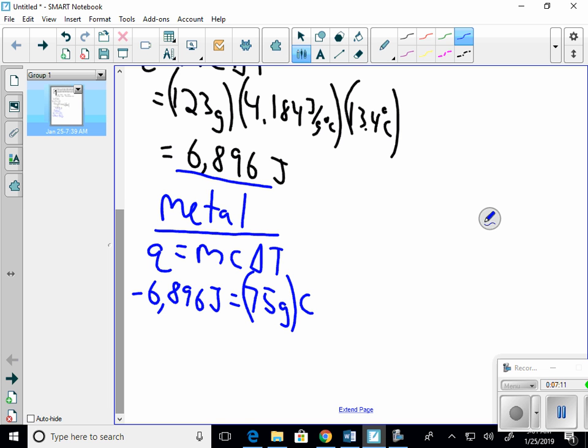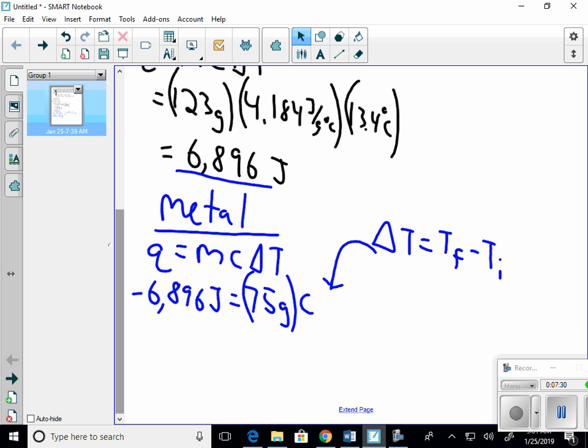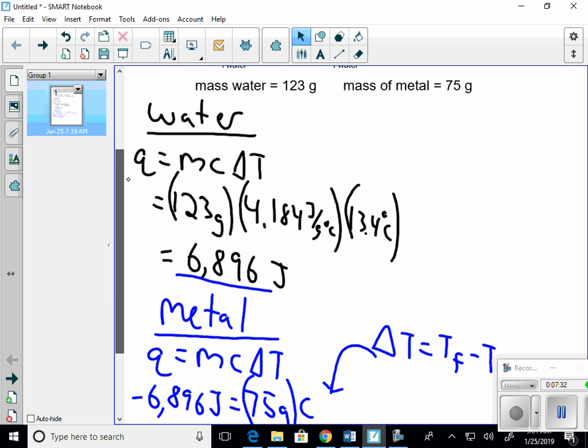So that's my variable. That's like my X. The number one issue with this question is knowing what to plug in for delta T. I'm going to go back up to our data for a second.